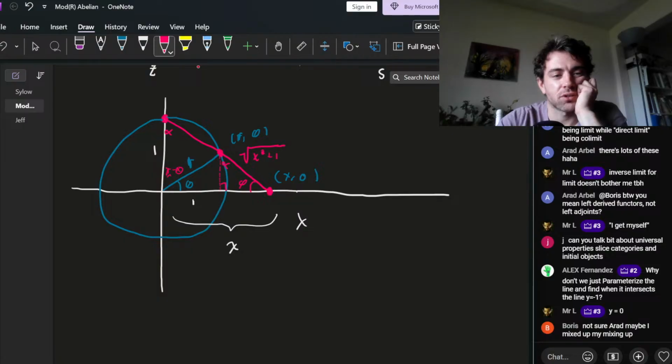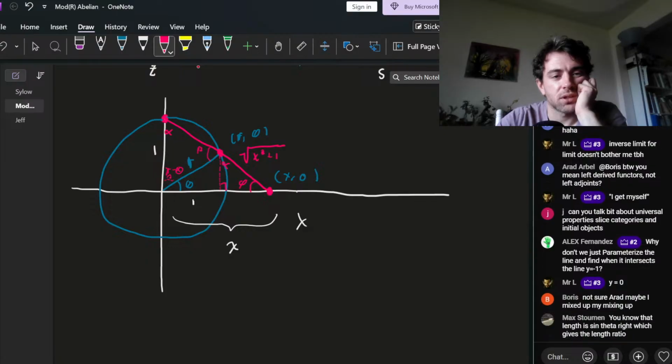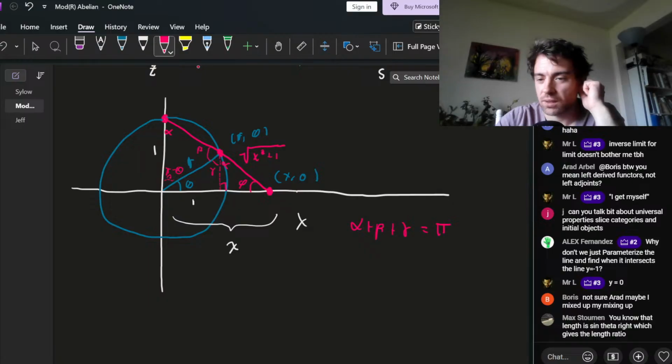Or pi over 2 minus theta over here. So that should tell us what this angle is as well. We'll call it beta. But then beta, is that similar to something else? Whatever angle is here, gamma, we should have alpha plus beta plus gamma being pi.